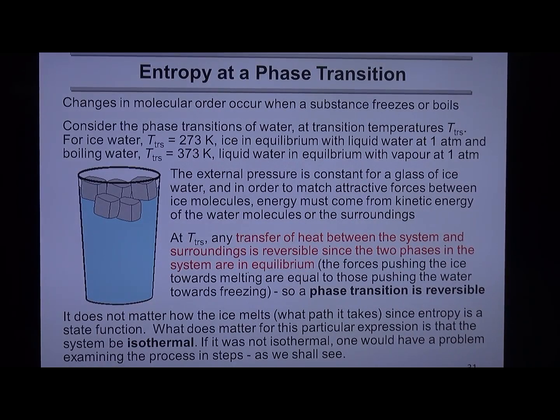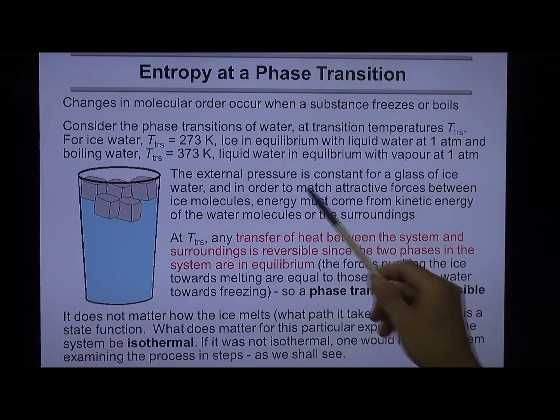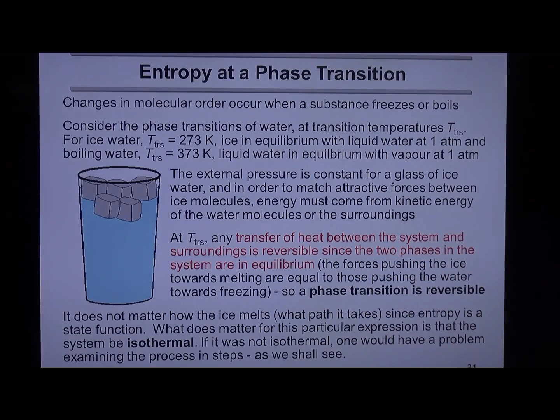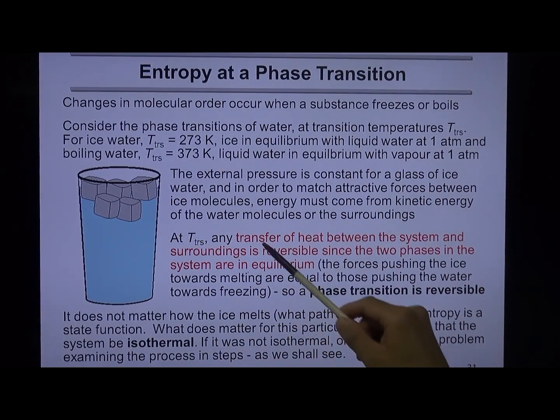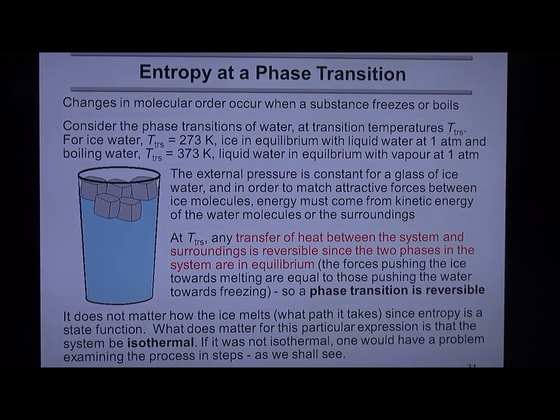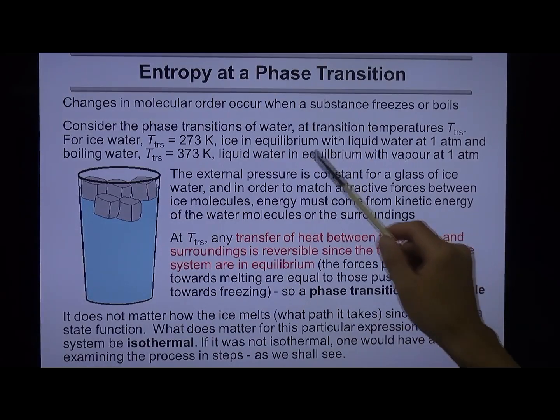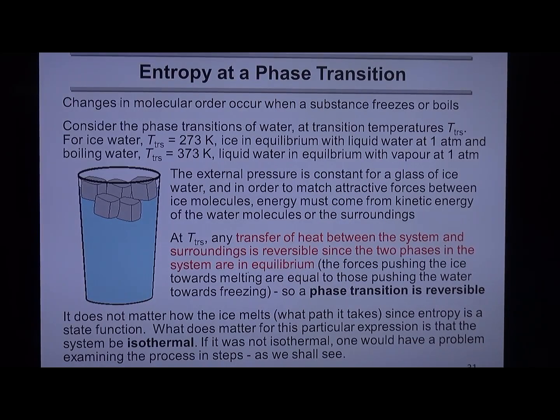Which means that the process, the phase transition, occurs as a reversible process because it maintains mechanical equilibrium. So, during this phase transition, at constant temperature, at constant pressure, heat transfer between system and surroundings is reversible since two phases are in equilibrium. Same pressure, same temperature.